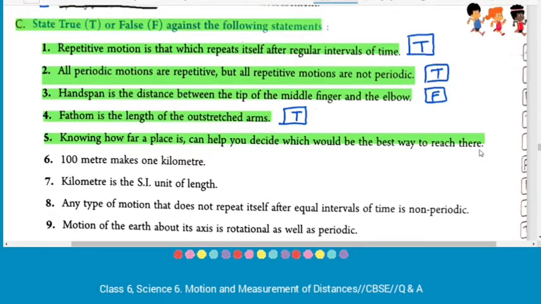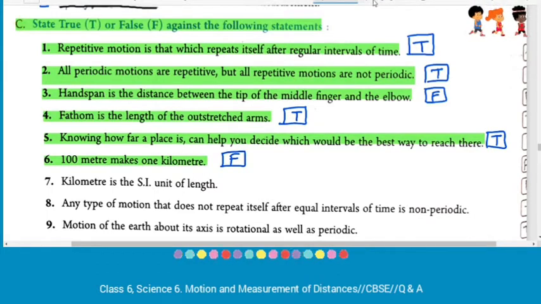True. Sixth one, 100 meter makes 1 kilometer. No, 1000 meter makes 1 kilometer. That's why this statement is false.